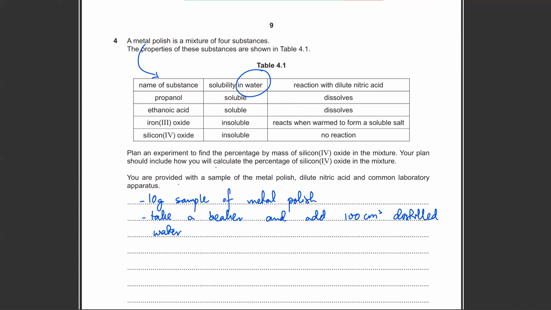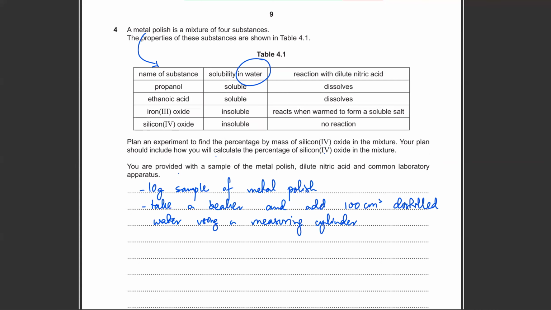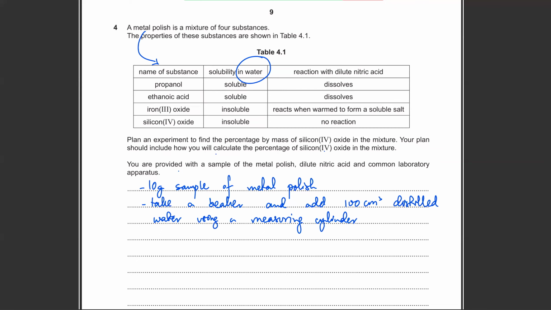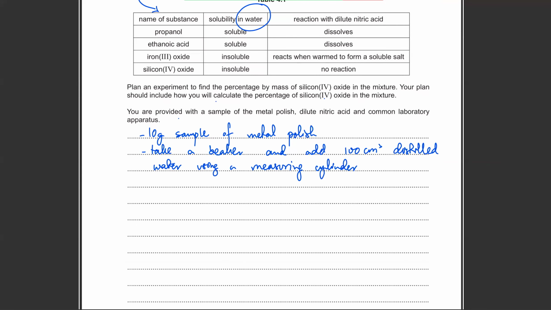What will you measure it with? Using a measuring cylinder. Then what do you have to do? Basically just mix. There's nothing to it. So add the metal polish into the beaker with water.